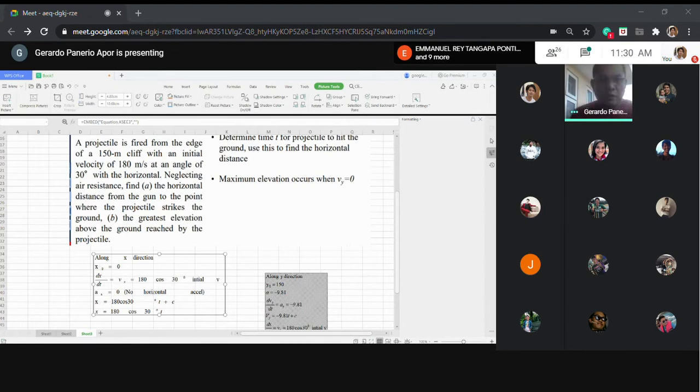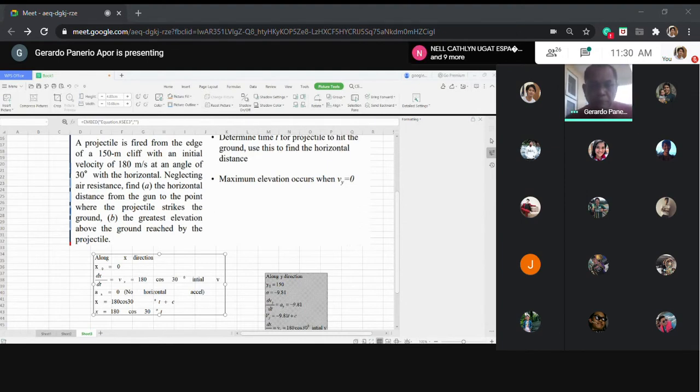So if that is your v0y, then you can write your velocity v_y equal to 90 minus 9.81t. That's the equation.